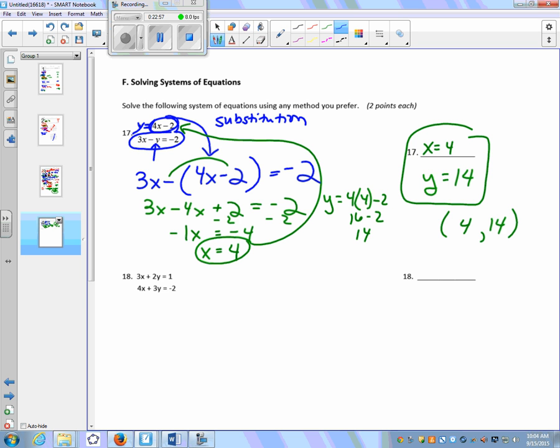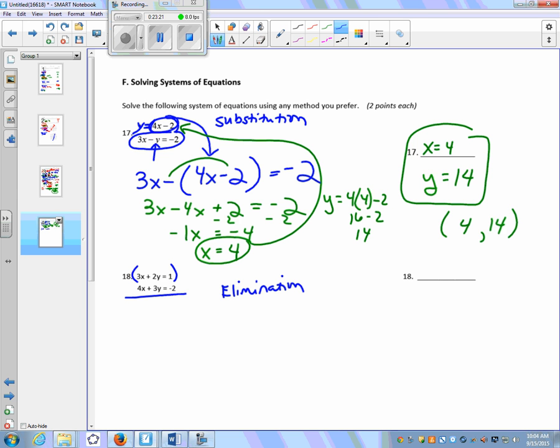Any method we prefer, we could do substitution here again, but we would have to isolate a variable first. So I'm actually going to use elimination method here. Sometimes they call it something different, but basically you're going to add these together and get a variable to cancel out.